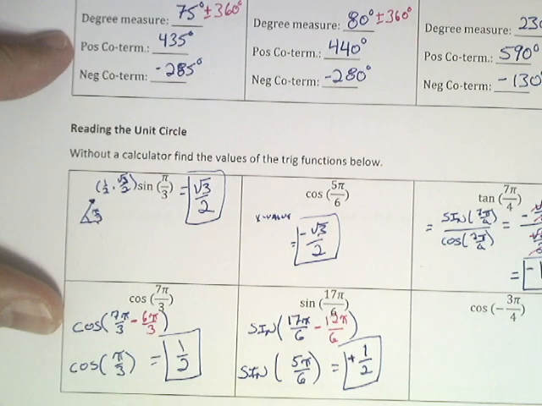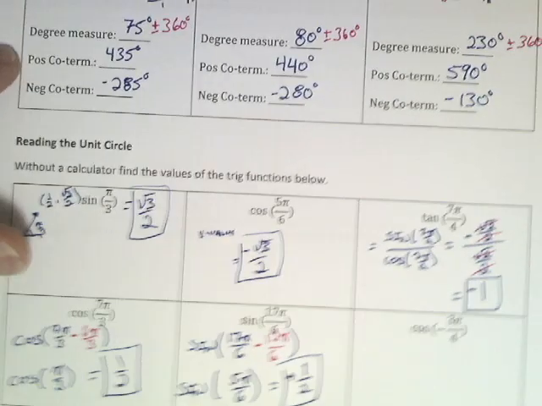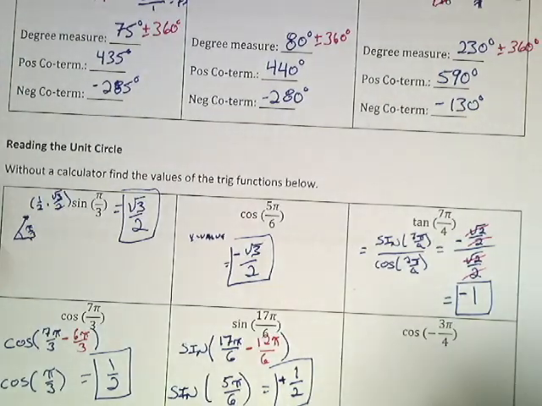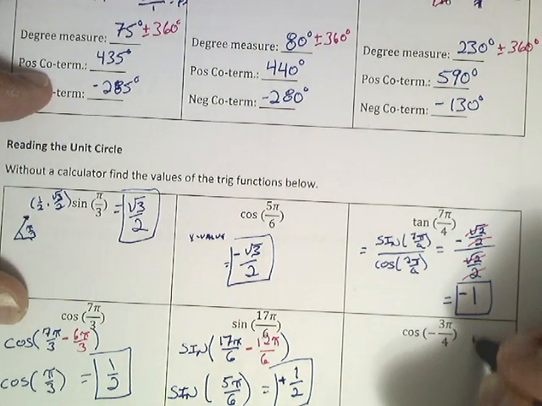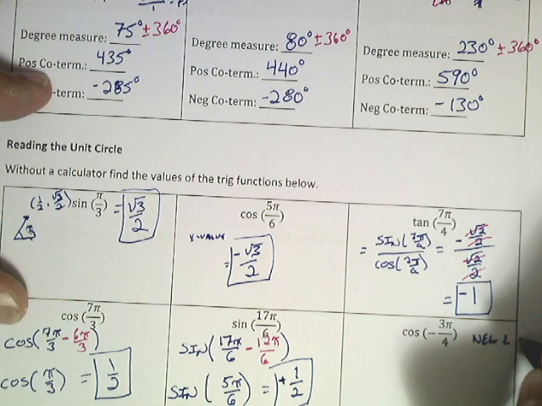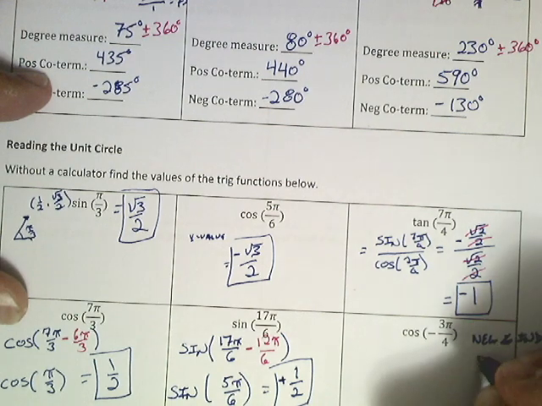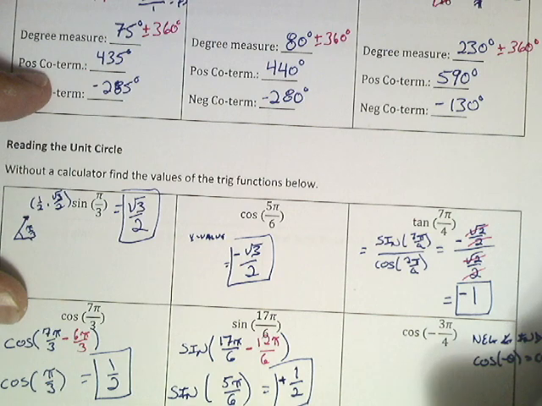Next up, cosine of negative 3 pi over 4. We have two options here. One, we can add 2 pi, or we can use our negative angle identity. Negative angle identity, which tells us that cosine of a negative angle is equal to cosine of the positive angle.